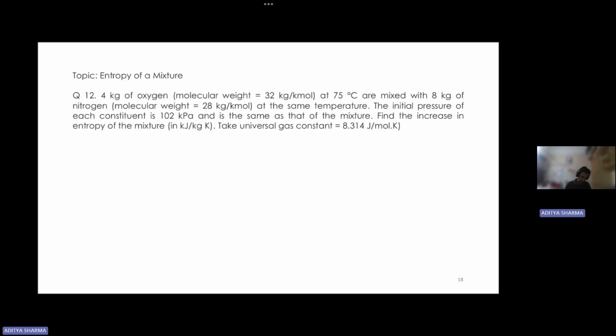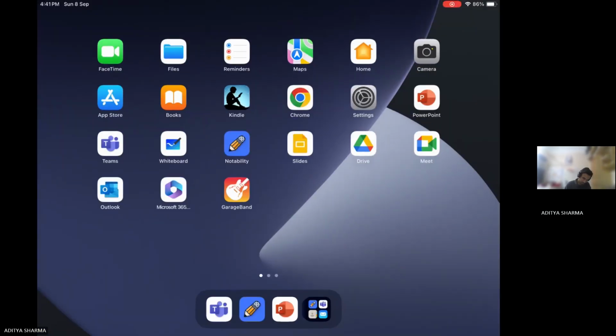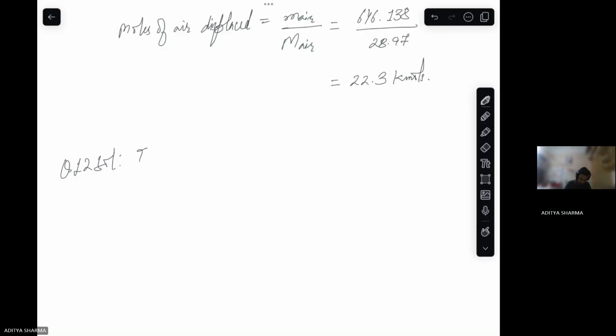Now we need to find the increase in entropy of the mixture. Universal gas constant, we need to take this. Okay. So entropy change can be found out by this.